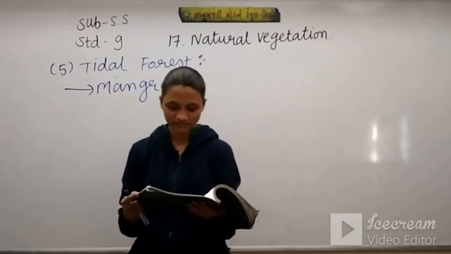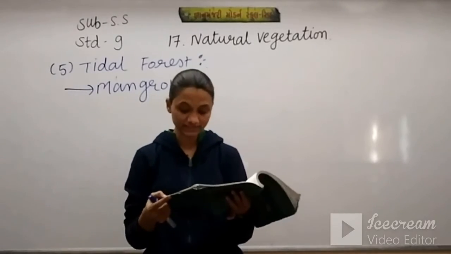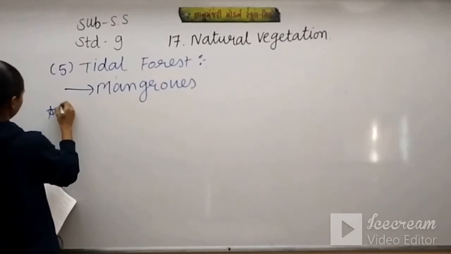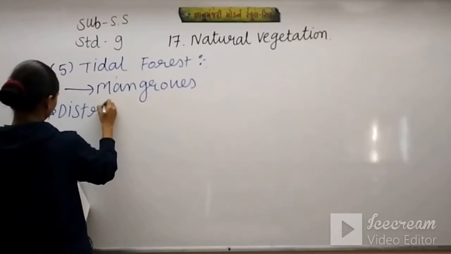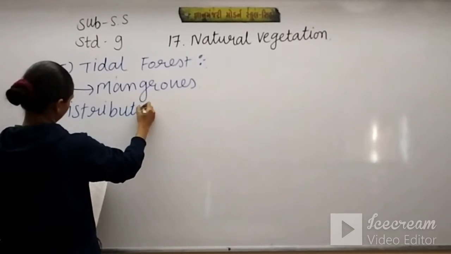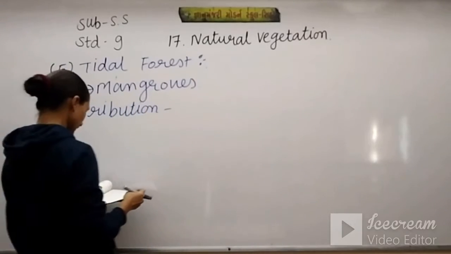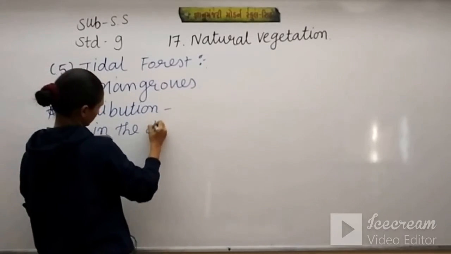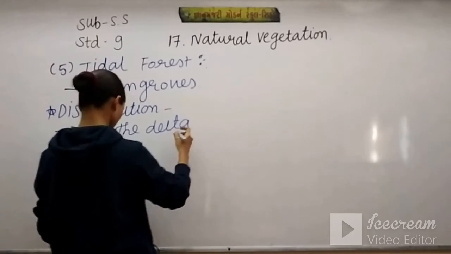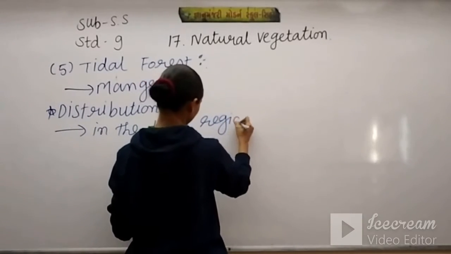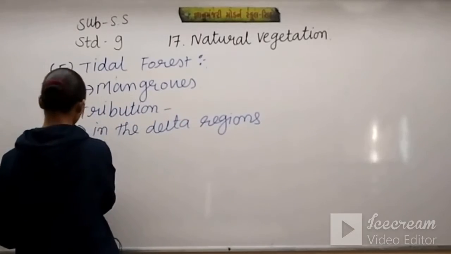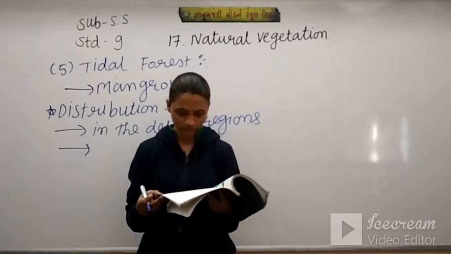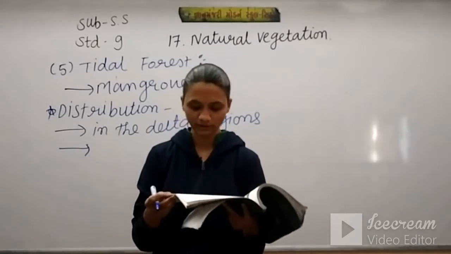Distribution: tidal forests are located in the delta region of rivers along the coast. These forests are found along the Gujarat coast and in the marshy lands along the Bay of Bengal coast.